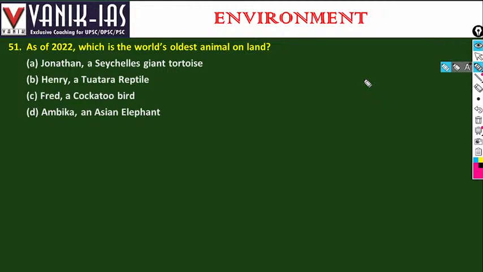So oldest animal, obviously, among reptile, bird and elephant, oldest animal who lives for centuries, it is obviously tortoise. So Jonathan, a Seychelles giant tortoise, is the oldest animal on land. Okay.